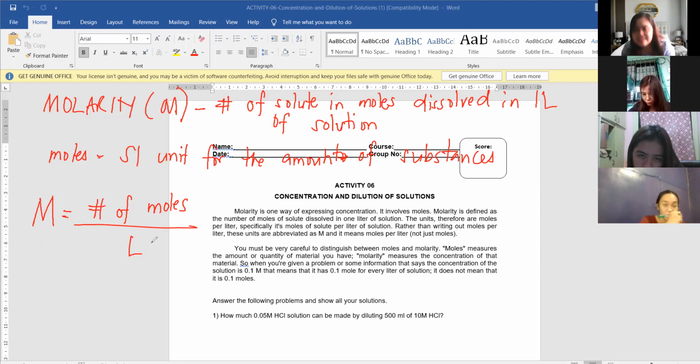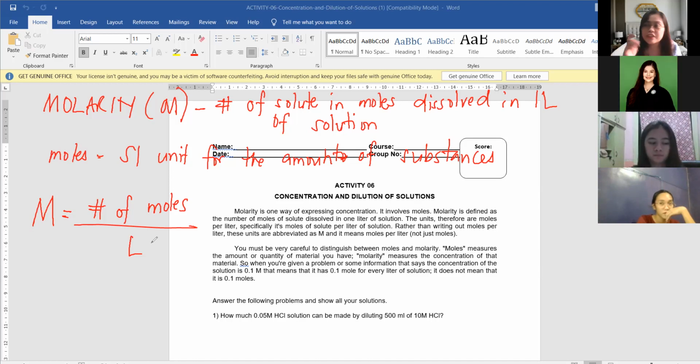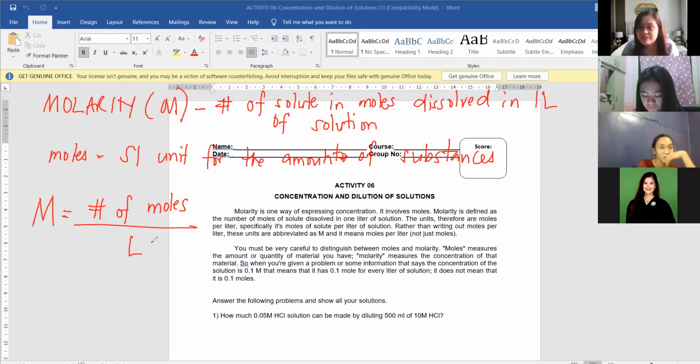But in reality, we actually don't have an equipment that can measure the number of moles na madidissolve natin sa solvent. So in the laboratory, we have the analytical balance or other types of balances to measure weight. So kaya ang binibigay sa mga problem solving class most of the time is the mass of the compound na dinidissolve natin.